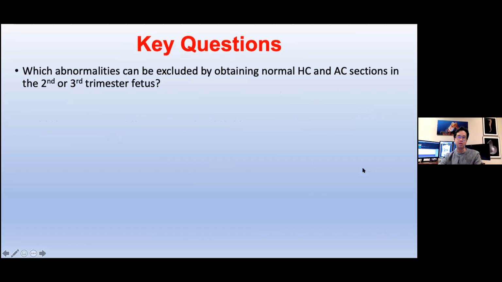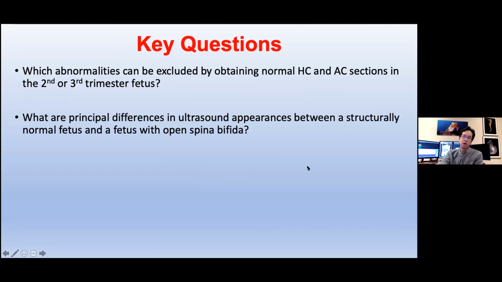The questions that I hope you'll be able to answer at the end are: which abnormalities would you be able to exclude by obtaining a normal head circumference and abdominal circumference section in the second or third trimester fetus? Further, what are the differences in the appearances between a normal fetus and a fetus who has open spina bifida?